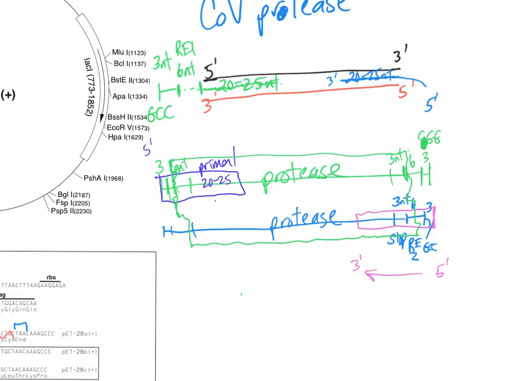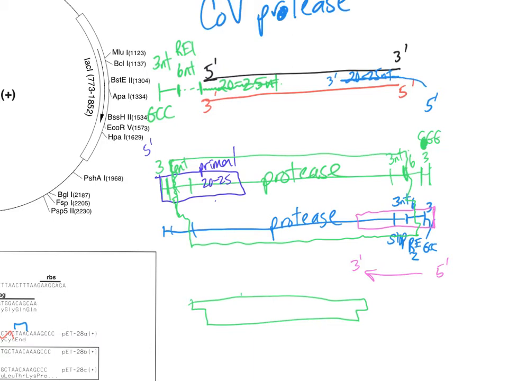By doing this, then that's when I get this, and depending on what your sequence is, it could look like this, whatever, but this is then what we're going to get after cutting it. But we had to make sure to design those restriction enzyme sites in there in order to get this. And then we can clone that into the PET28.